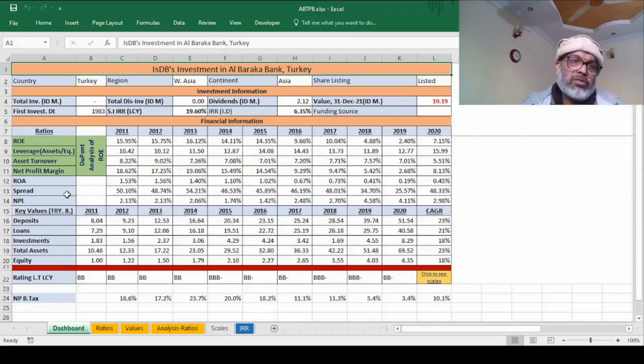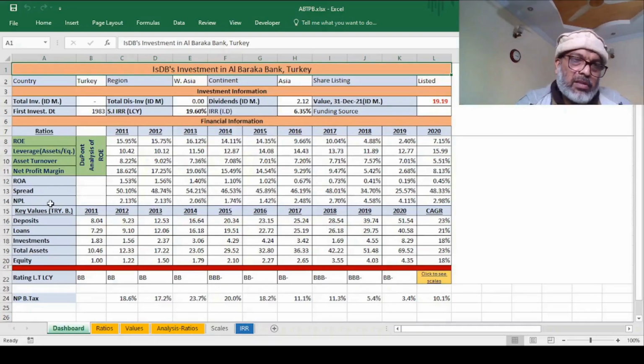It is called spread. Then there are non-performing loans, which are like bad debts, the loans which are not recovered. This is the non-performing loan ratio.